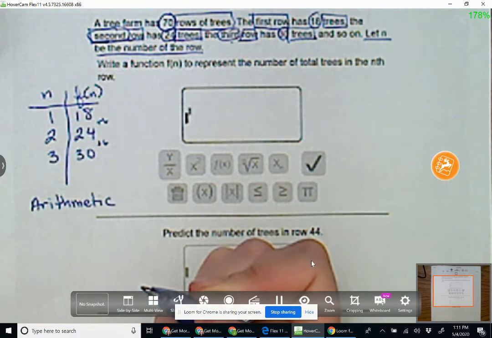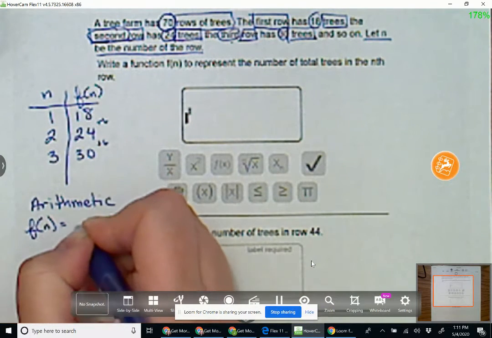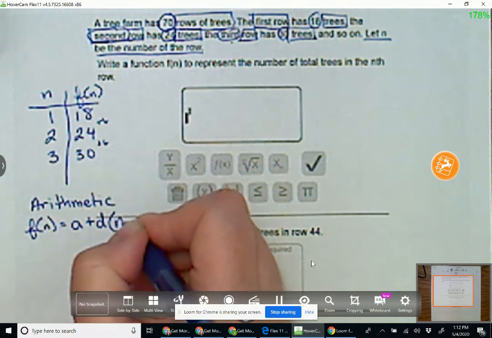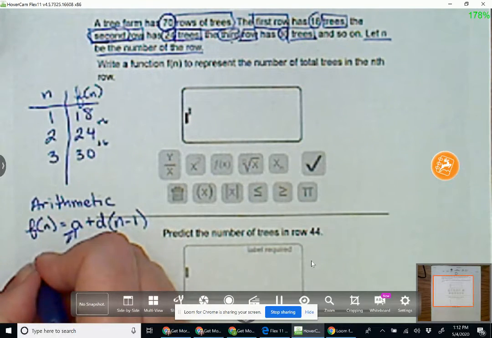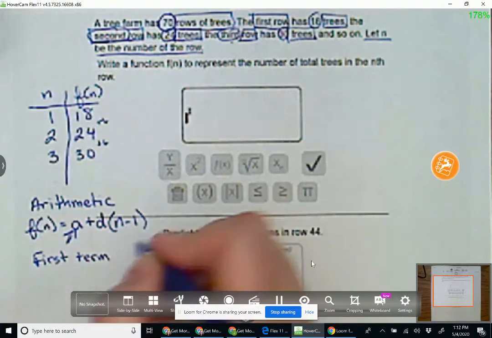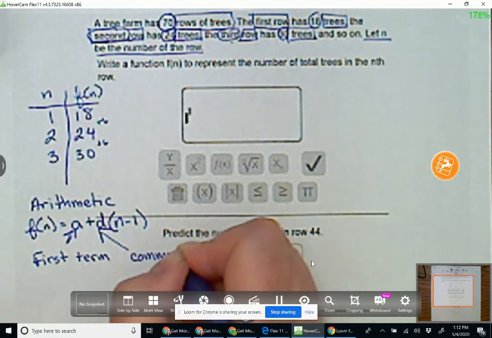Remember, the equation for arithmetic is f of n equals a plus d times n minus 1. A is your first term. D is your common difference, in this case 6.